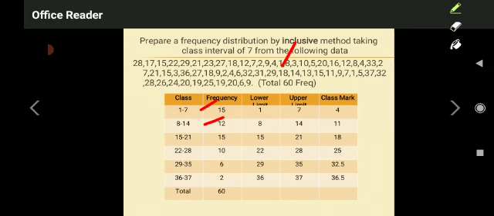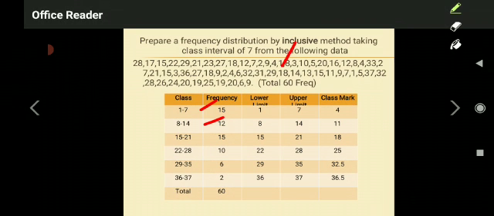In the inclusive method of frequency distribution calculation, the upper limit of the first class interval is taken into account. And in the second class interval, the lower limit of the second class interval is taken into account, and 14 is also taken.